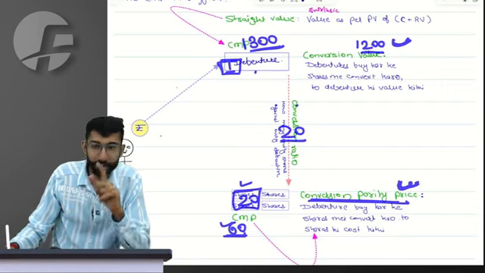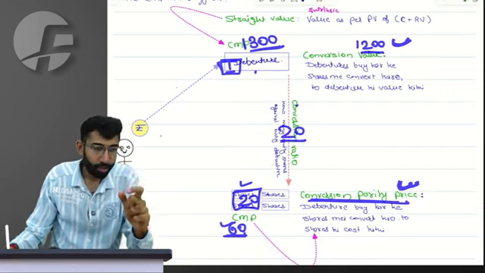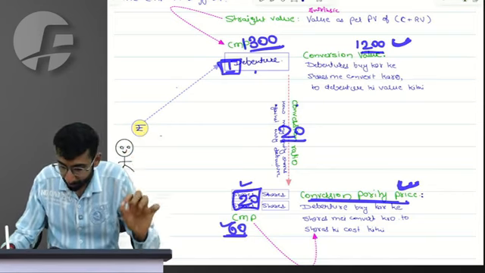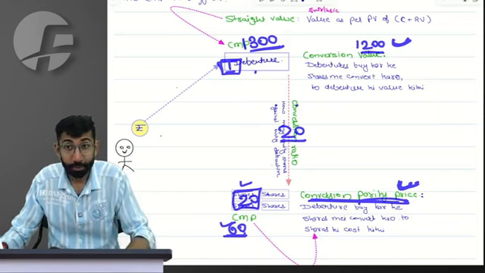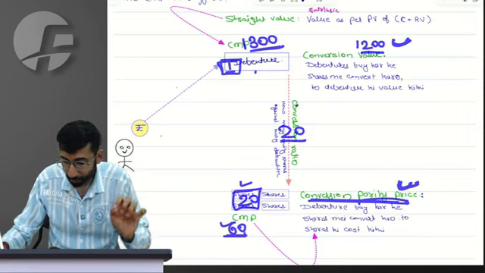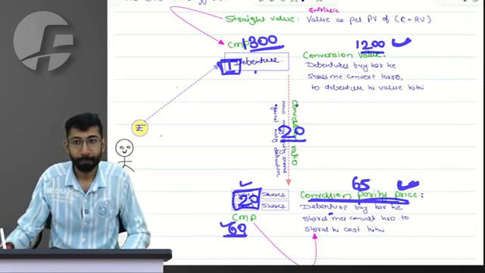Now everyone give me the answer of conversion parity price. Every share I buy by way of debentures: 1300 is the price of debenture, divided by 20 shares, so one debenture gives me a conversion parity price of 65.